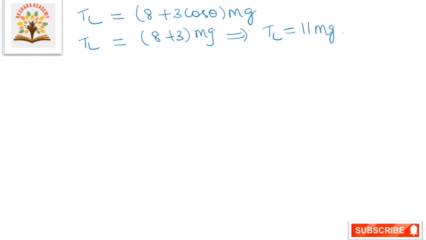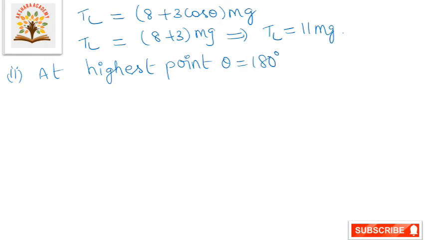Now come to the second one, where we calculate at the highest point. At the highest point theta is equal to 180 degrees. So T_H, the tension at the highest point, is n plus 2 plus 3 cos theta into mg.